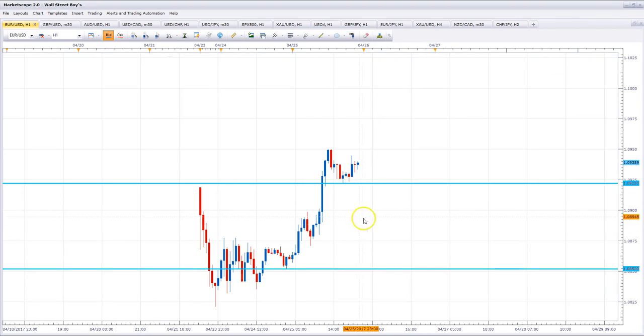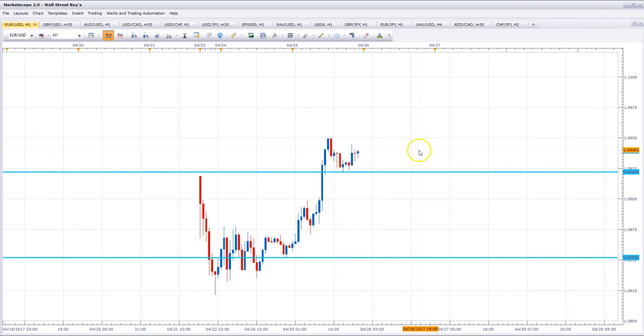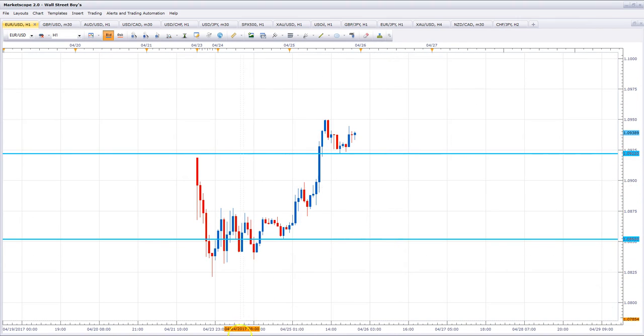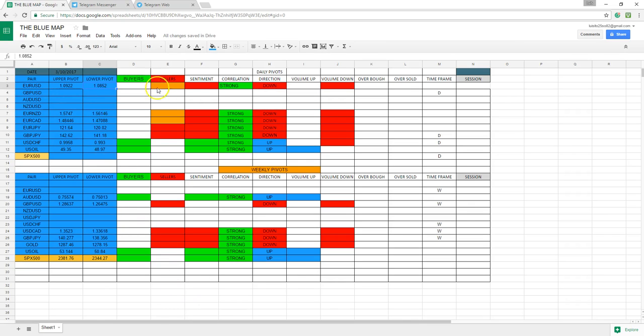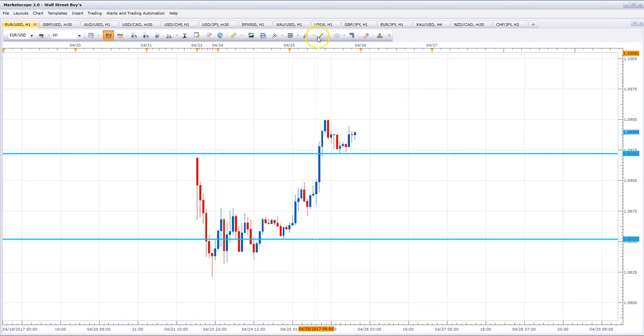Okay, since we've seen that the price is above the upper pivot, and the blue map is saying that we may see a move to the downside, then we're going to wait for the price to recover the upper pivot. So any move to the upside, we're going to be looking for a sell.